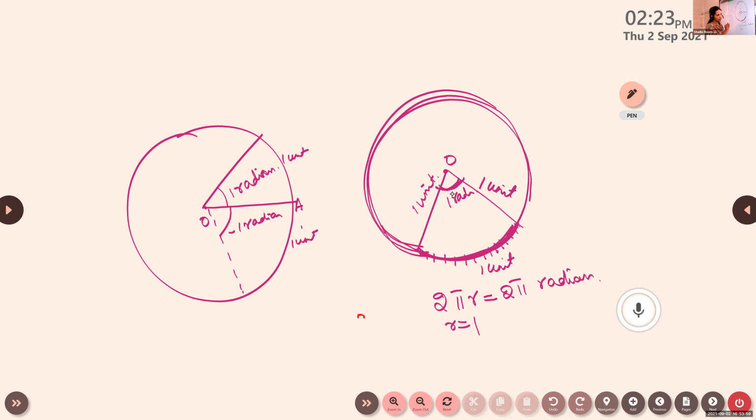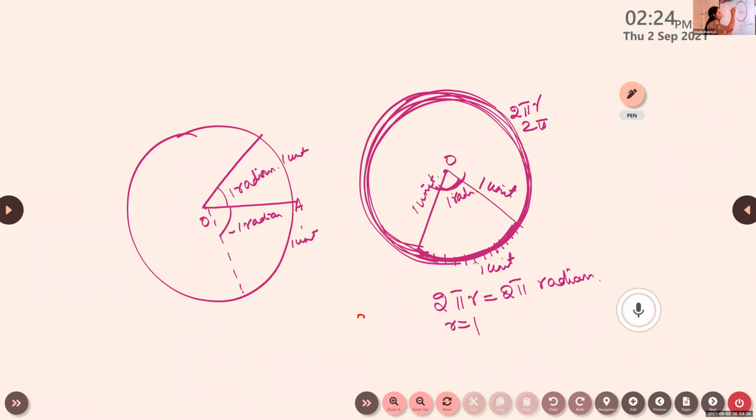Are you able to understand? Arc length of 1 unit subtends 1 radian. So if you take an arc length of 2 units, it will subtend 2 radians. In the same way, if you consider the full arc length, that means you are considering the full circle, the circumference of the circle, 2 pi r. The radius is 1, so the circumference will be 2 pi.